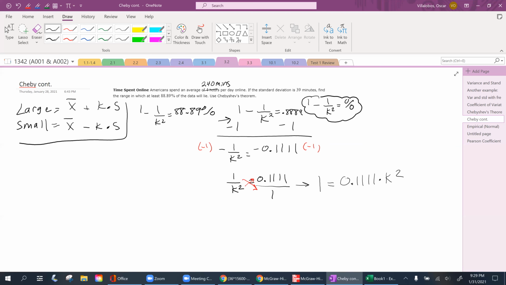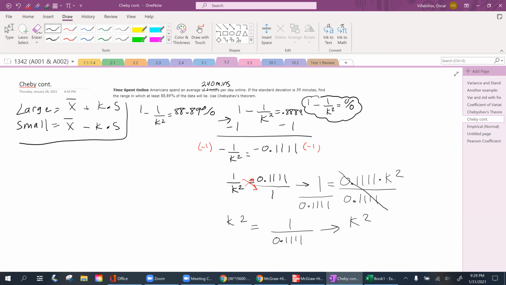And if you're trying to solve for k and something's multiplying it, you're going to want to divide both sides by it. I'm going to do that to both sides. So this cancels out, letting me know that k squared is equal to 1 divided by 0.1111.